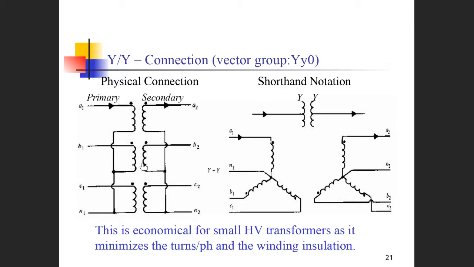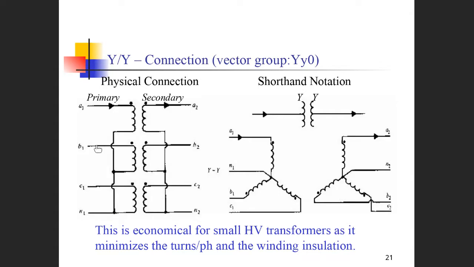We have the physical connection drawings here, and we have the shorthand notations in electric schematic, or even like this. In practice, for example, this is the primary side. We have 3 coils. The starting point of phase 1 is A1, and the ending point of phase 1 is A0.